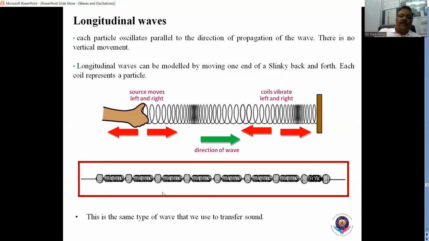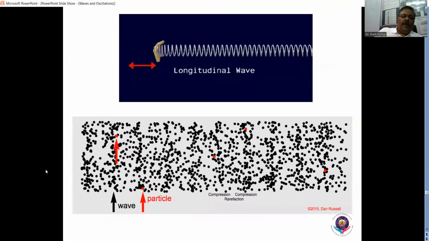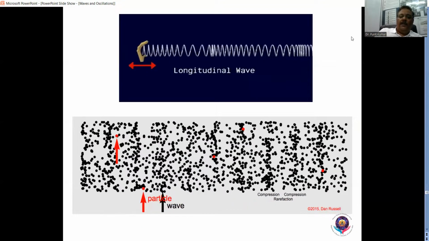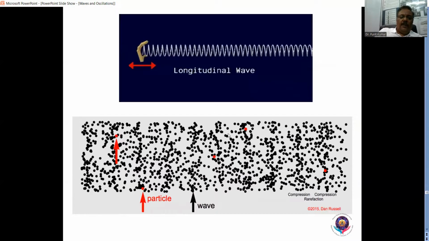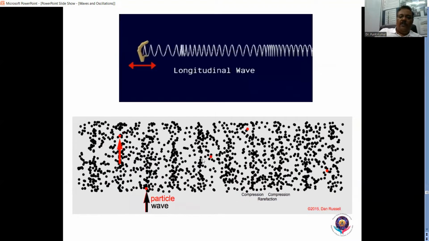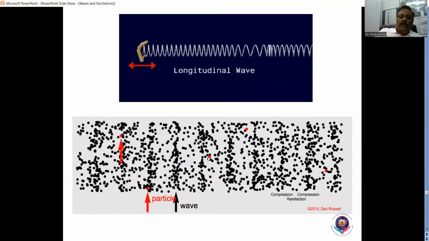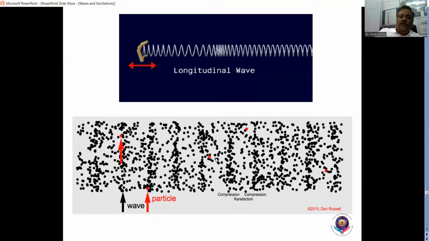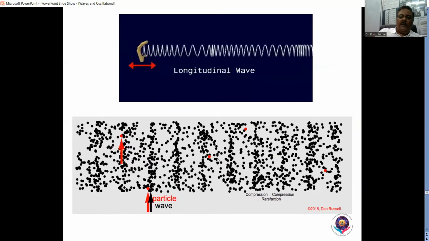Such a type of wave is used to transfer sound. Sound waves are longitudinal. You see, the disturbance is propagating in this direction. The particles of the medium are oscillating in to and fro motion. There is no vertical displacement, only horizontal displacement of the particles.